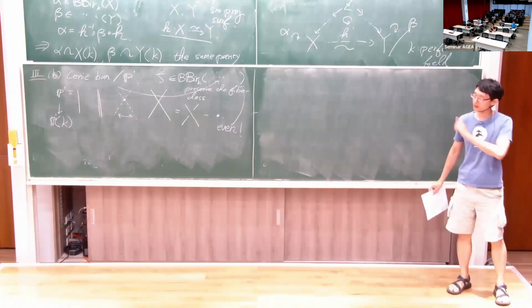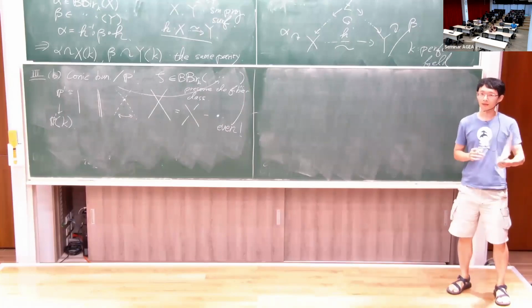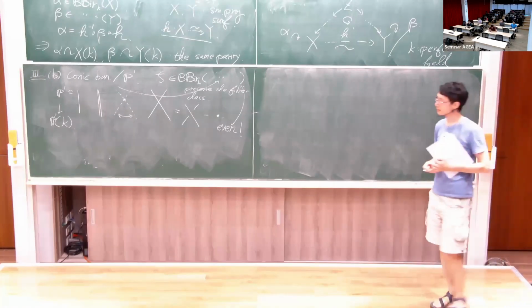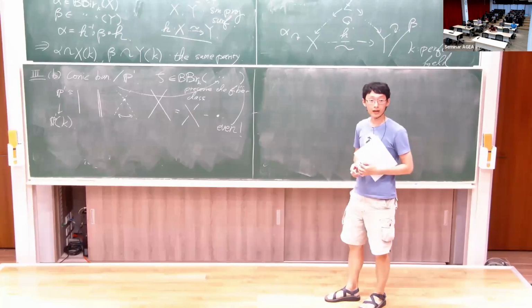And also the example I gave at the very beginning, the standard quadratic transformation, produced an odd permutation over F2.